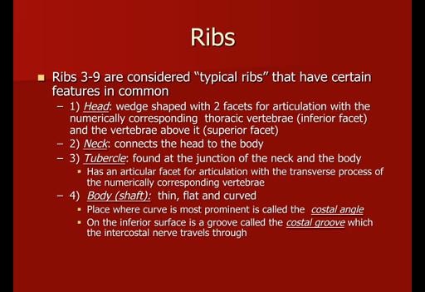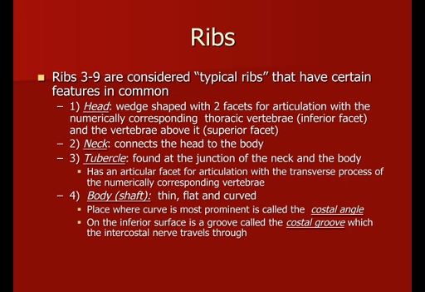It has a tubercle, which is found at the junction of the neck and the body, and this tubercle has an articular facet for articulation with the transverse process of the numerically corresponding vertebrae. These are the ones that come out the side of the thoracic vertebrae. And then, of course, there's the body or the shaft, thin, flat, and curved. This is where it's most prominent.